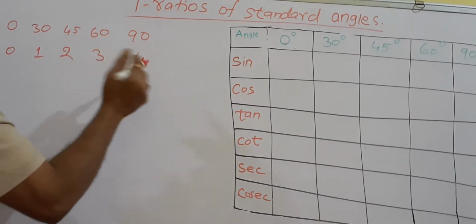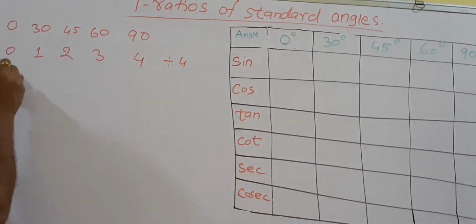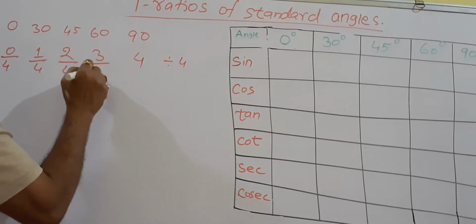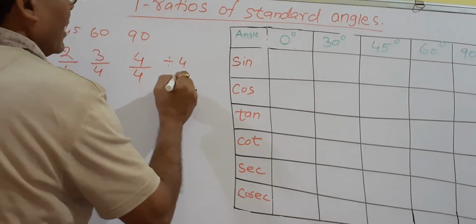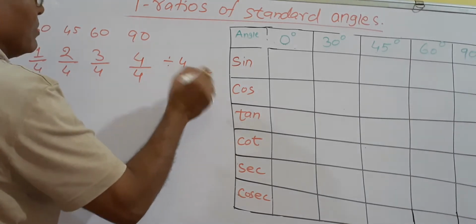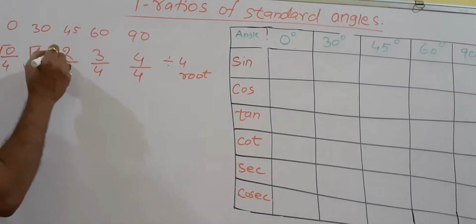After putting the numbers, you divide all by 4. Then again, take the square root, so everywhere you put a square root.